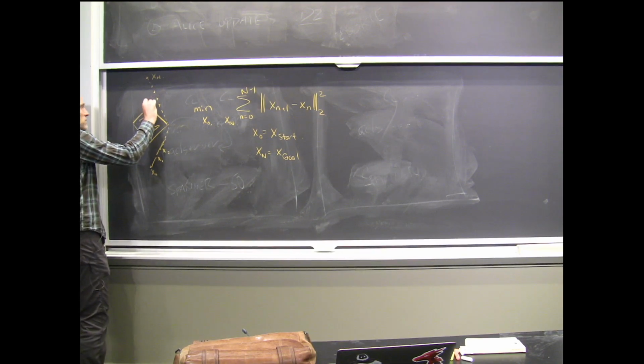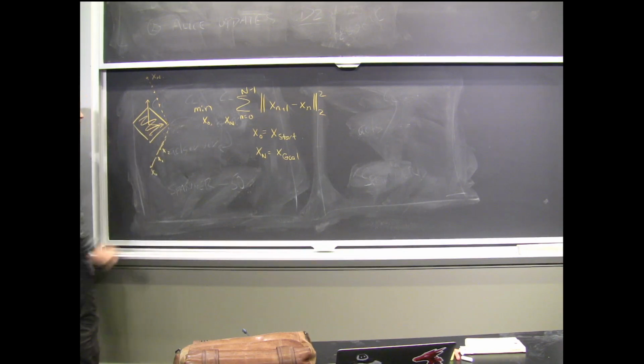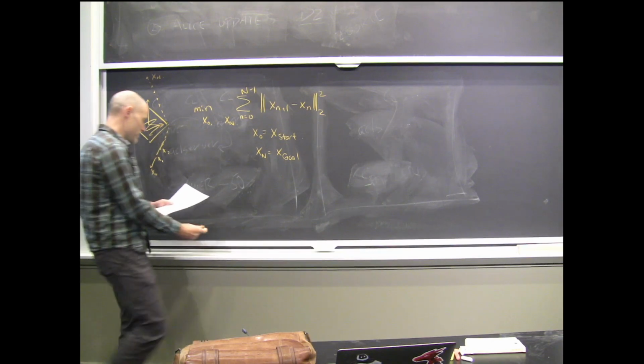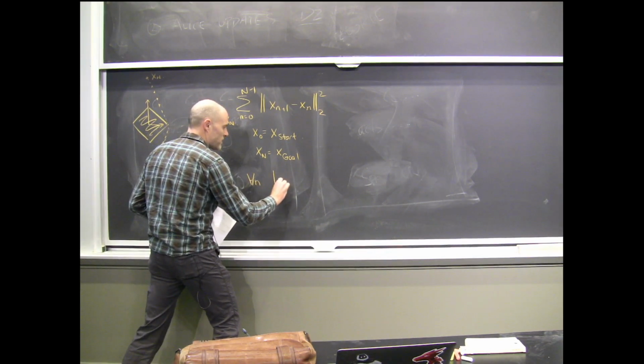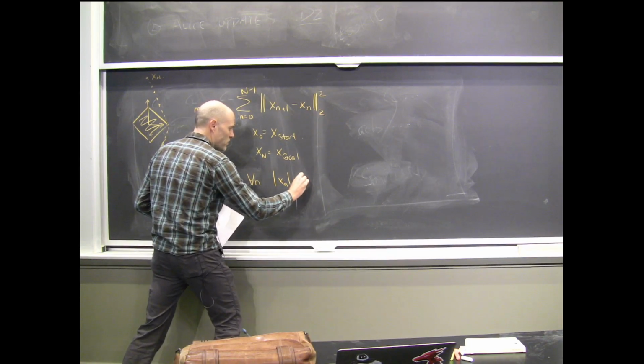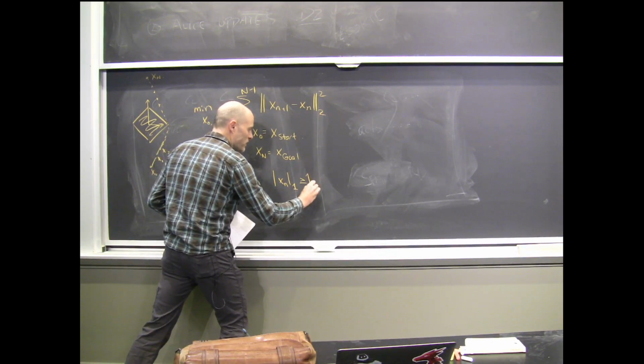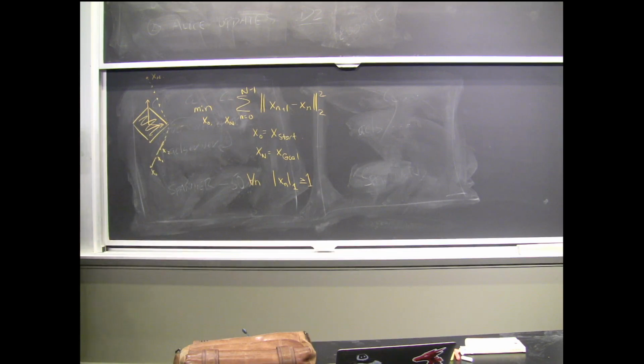And then the interesting thing is, how do I encode the obstacle? We talked about the minimum distance constraint before, but let me just keep it simple and keep it at the origin. I'll say it's a box, it'll just be the L1 ball, just the unit ball with the absolute value norm. So I write that as, for all n, xn, the L1 norm, has to be greater than or equal to 1.